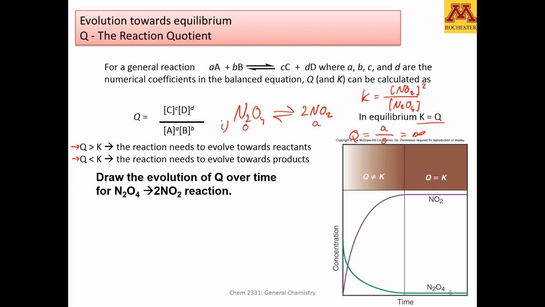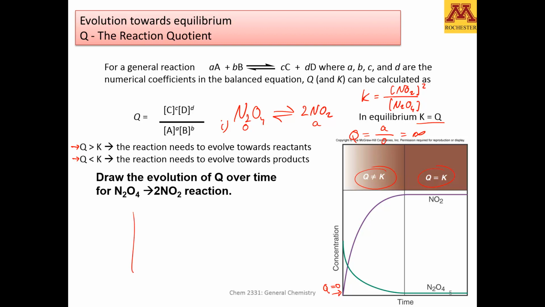And that can be qualitative or quantitative, but notice that until you reach equilibrium, Q will not be equal to K. In this case, we have started with zero products. That means that at this point, Q is 0. And Q increases until Q is equal to K, and at that point, you have reached the equilibrium.